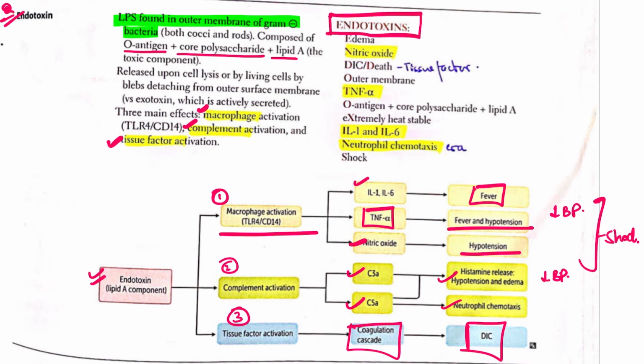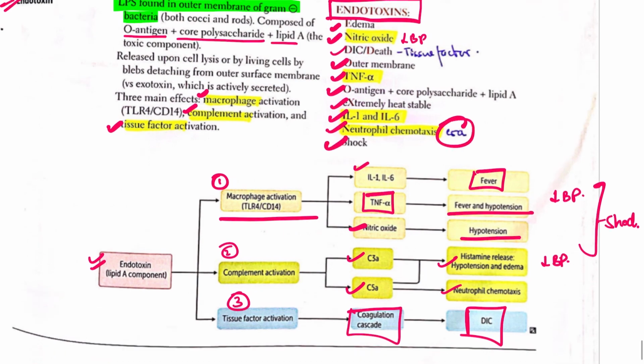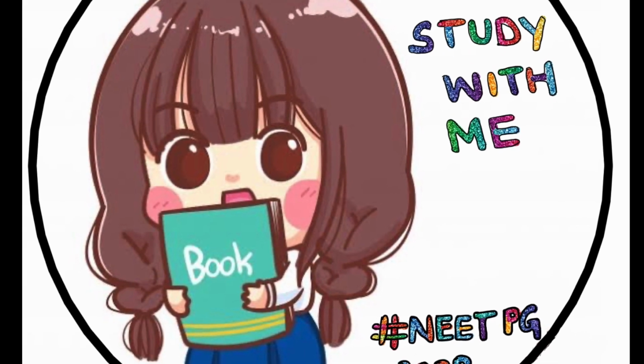It causes edema, then it leads to release of nitric oxide leading to decrease in BP, then DIC, outer membranes are released, then they release TNF alpha, O antigen plus core polysaccharide plus lipid A, and they are extremely heat stable. IL-1, IL-6 are released, neutrophil chemotaxis by C5a, and finally shock. So this completes general bacteriology. Stay tuned for part 2, which is the clinical bacteriology.